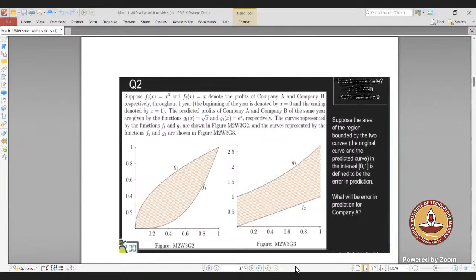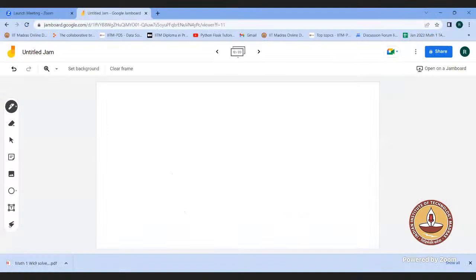Before proceeding with this question, I'll just discuss one point. Do you know what is the integration of x power n dx? It's x power n plus 1 by n plus 1, plus c, some constant.